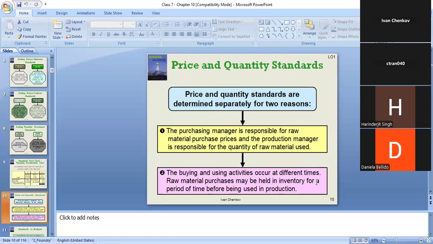You're gonna use it in different portions at different times of the week until you use it completely. So again, buying and using happen at different times. And for the time being, you're going to keep it as inventory in your fridge, and then you're going to use it for whatever production you want to produce in your household.